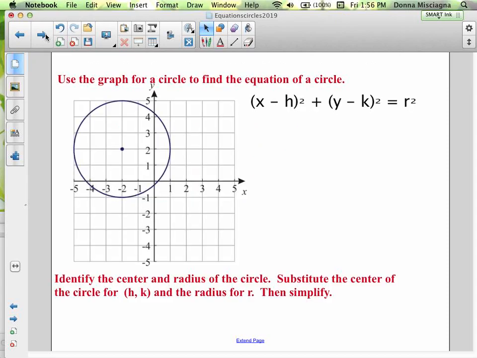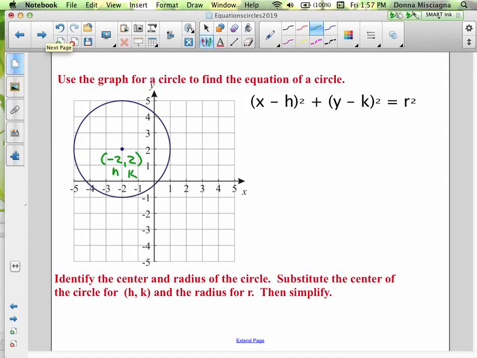All right, so we want to use the graph of the circle here to find the equation of a circle. So you identify your center. I'll do this one. This one's in your notes. Our center here is at negative 2, 2. So we're just going to plug in negative 2 for h, 2 for k. And then the radius, you can count either direction.